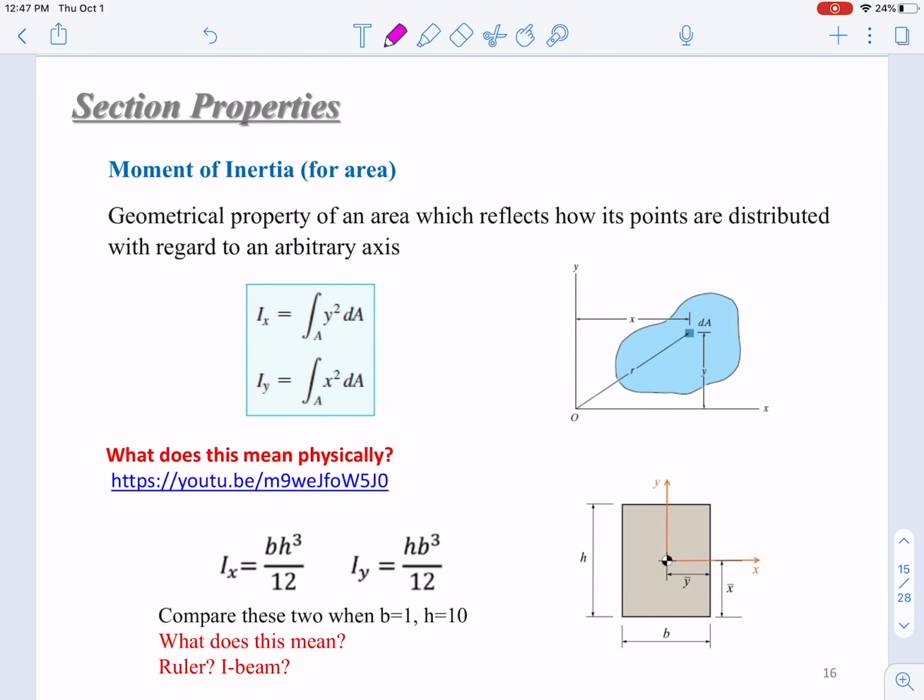The moment of inertia for area is actually a geometrical property of an area which reflects how its points are distributed with regard to an arbitrary axis. So what does this mean physically? Physically, it may not mean something, but I provided a link here, so you can click this link to watch this short video.